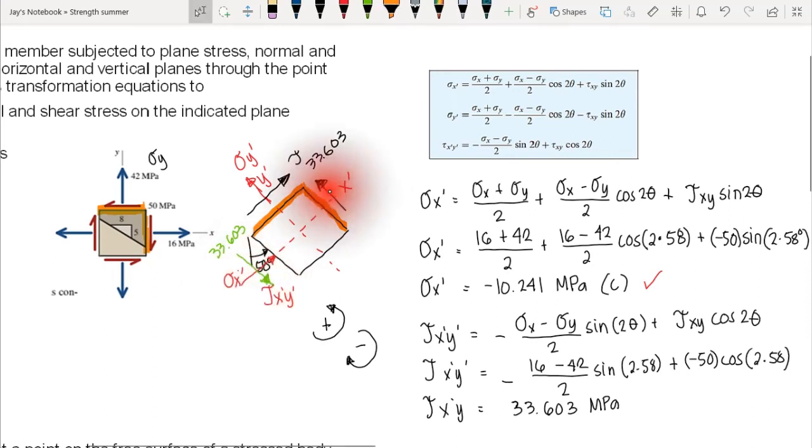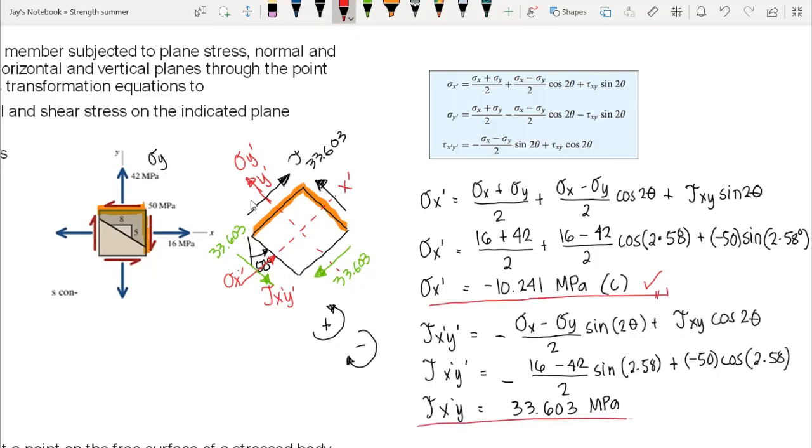So they should have the same rotation. So therefore, in the opposite side of this shear stress, we have this direction. Okay, we have still 33.603. Okay, so therefore, these are the transformed normal stress and transformed shear stress. These are the stresses on the inclined plane at this point here. Okay? So that's it for our first question.